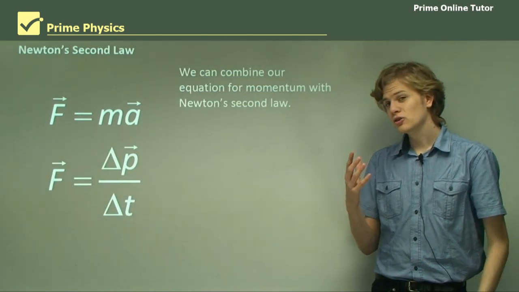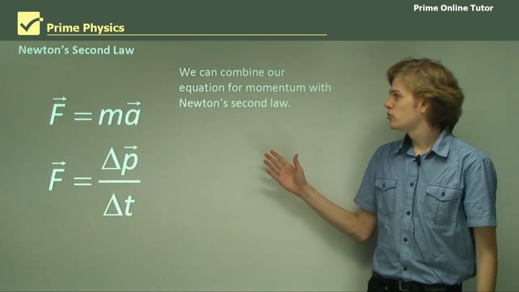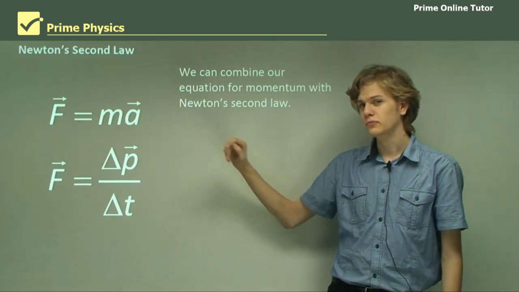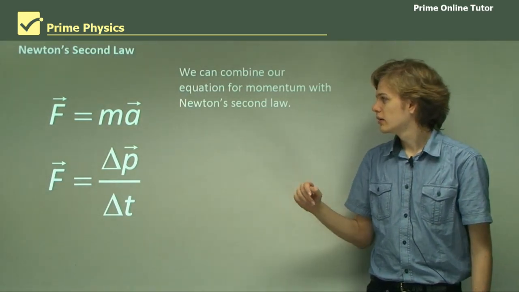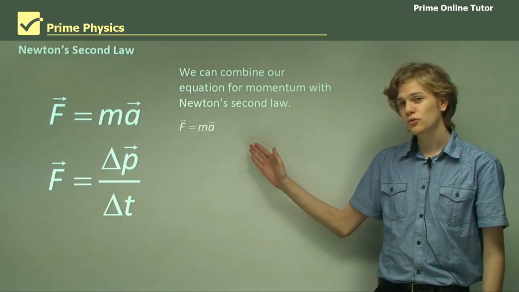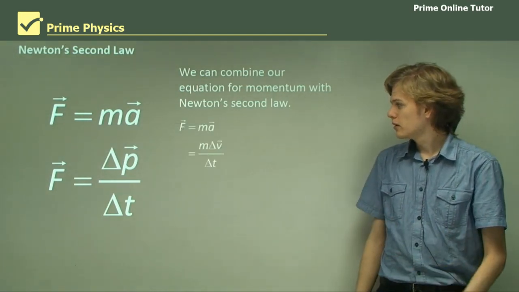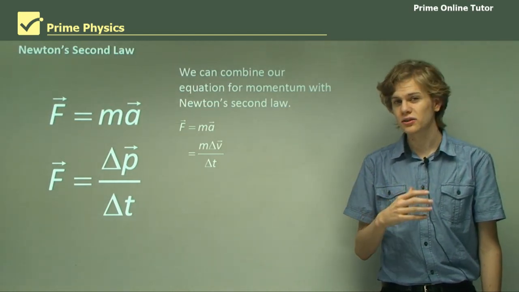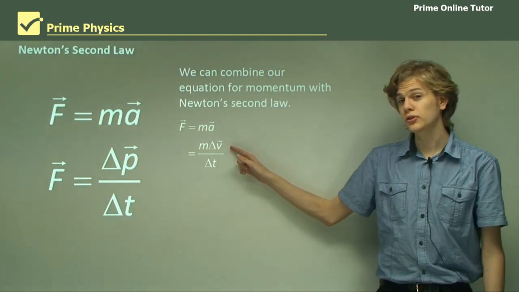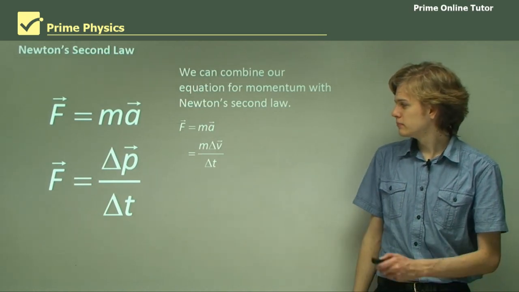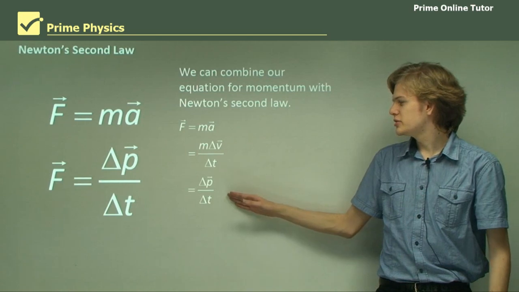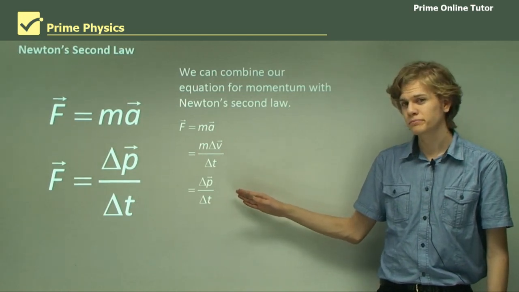Now we can combine our equation for momentum with Newton's second law, that is F equals ma, right? We start off with F equals ma. We substitute a for change in velocity over change in time. That's delta v over delta t. And now we have mv at the top, and that's the same as the change in momentum, right?